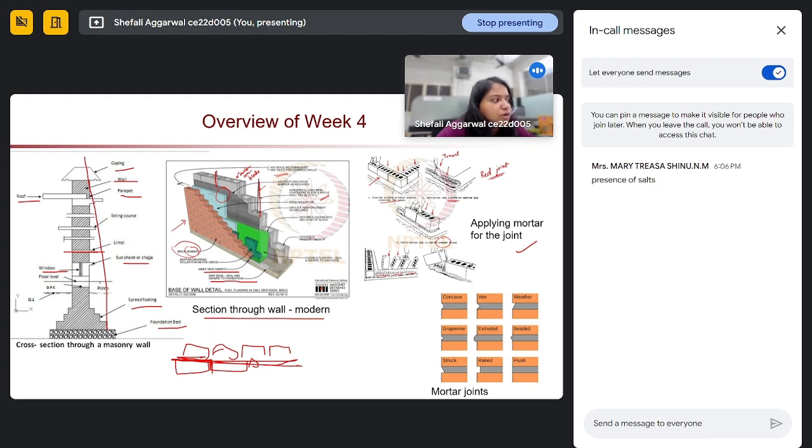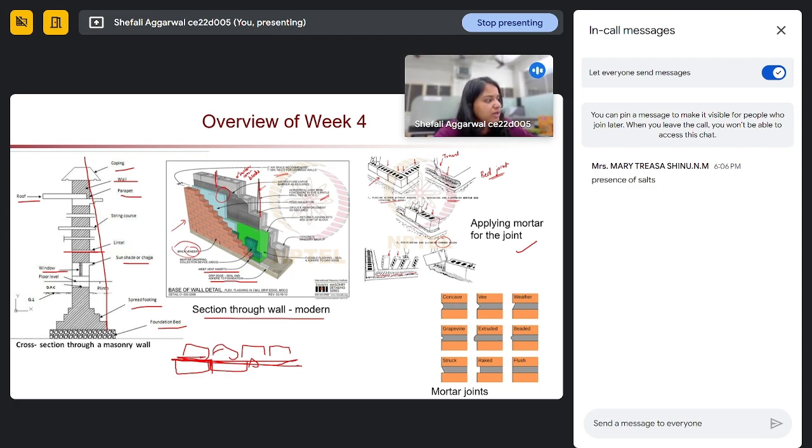Should it be applied on the brick or on the surface, and how to keep it, and those things. When a mortar joint is formed between two bricks, if we are using very strong mortar, there are chances that when load is there, this mortar will not allow the bricks to slip properly, and there will be a chance of failure in this case.